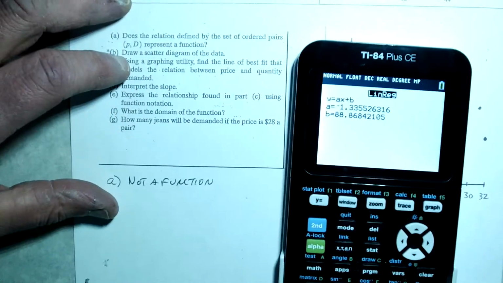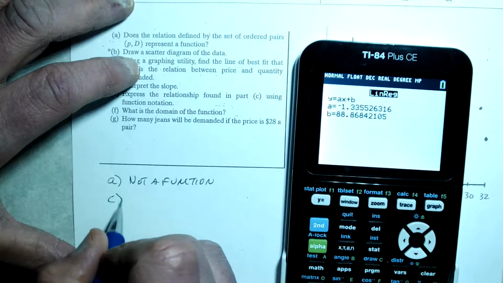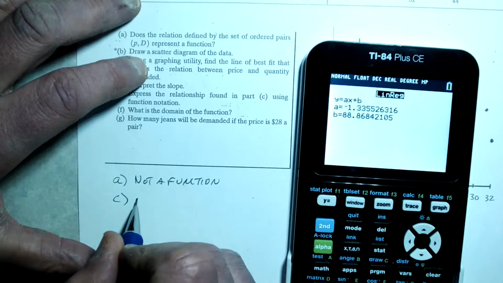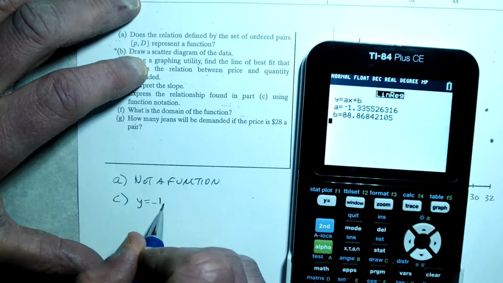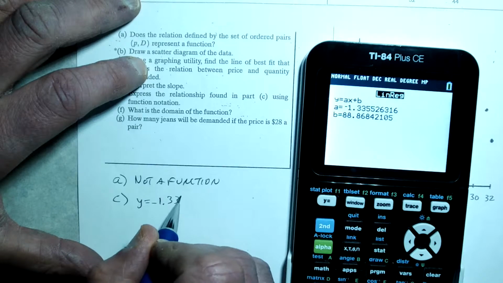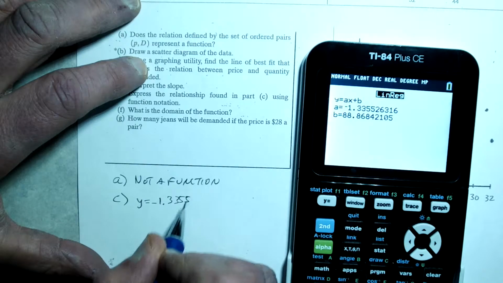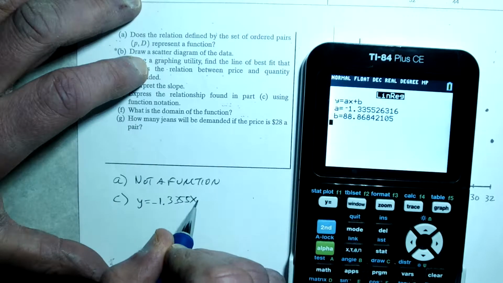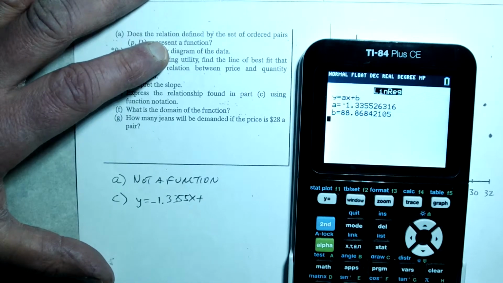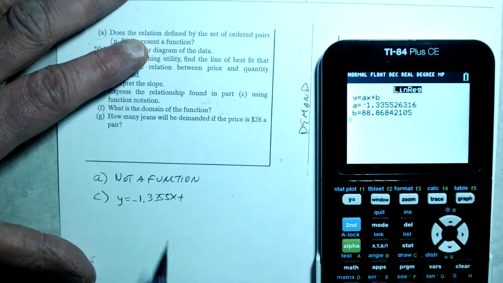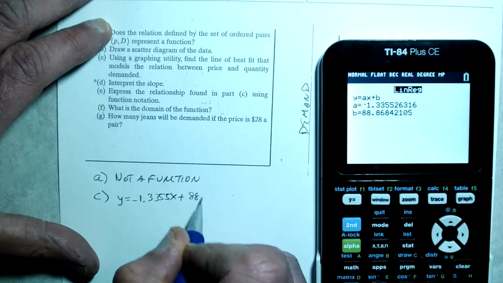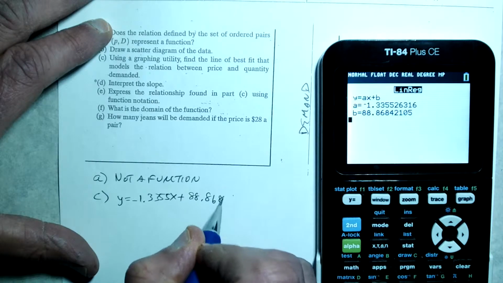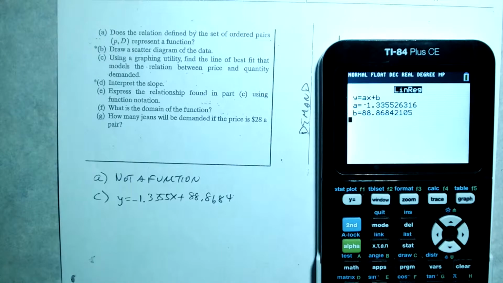So this is my answer to C. So I have y equals negative 1.3355x plus 88.8684. I just went out 4 decimal places. Okay, so I have that.